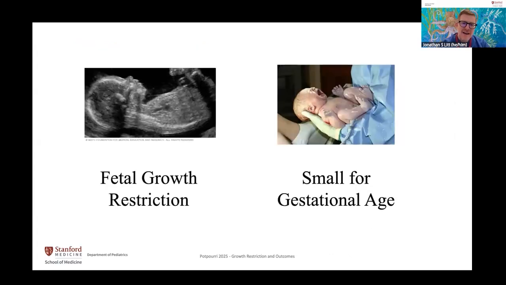And just to round out, I certainly don't want to get into the controversies or the discrepancies around what is and is not growth restriction compared to small for gestational age. Certainly for those of us practicing in the US context, we think of growth restriction as something that's affecting the fetus, and small for gestational age as something that we as neonatologists will diagnose and assess after the infant is born.